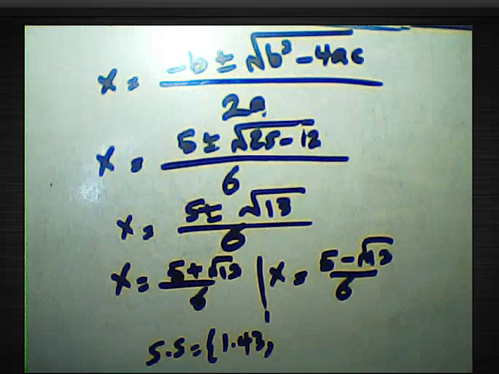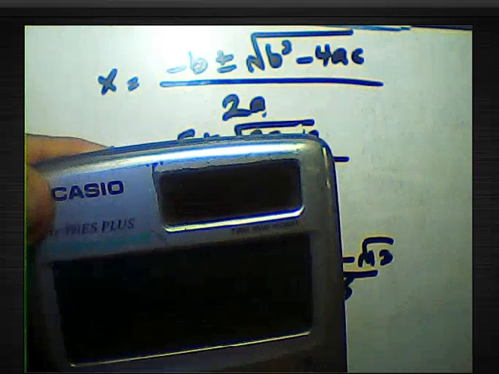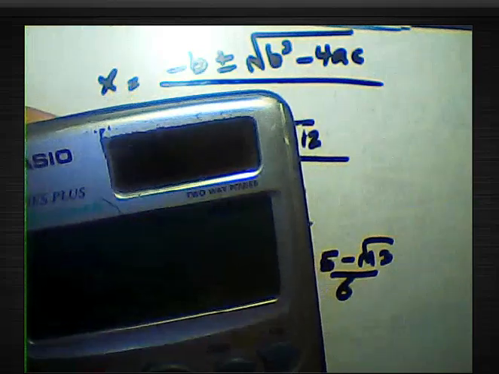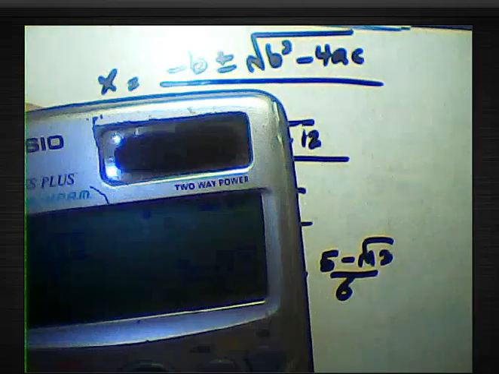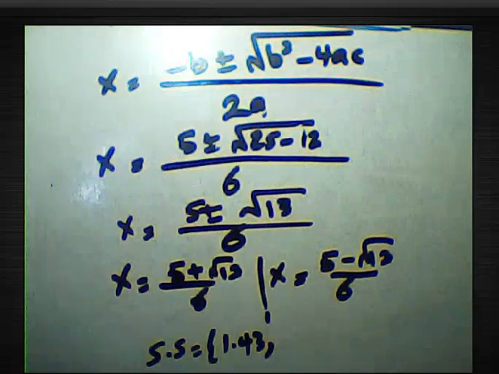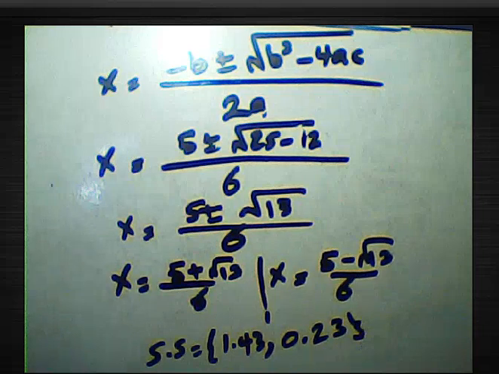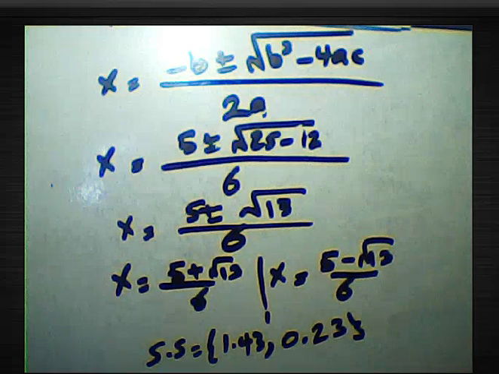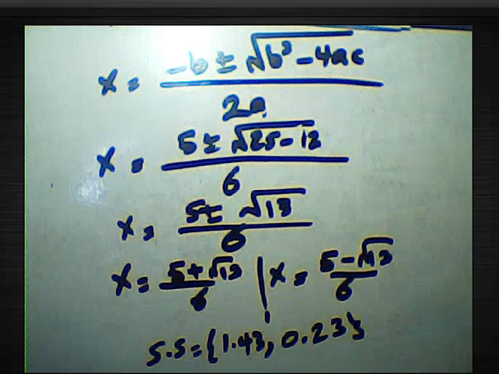And for this result, change the sign, 0.23. Okay, this is the result of the equation in R. So you can solve the equation by using the general formula and round the result to decimals.